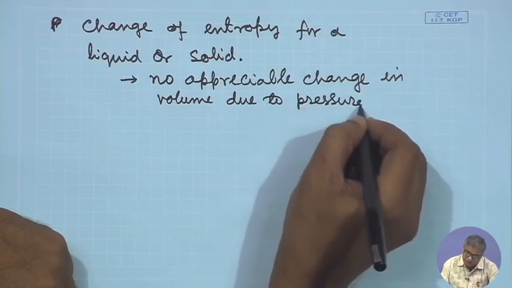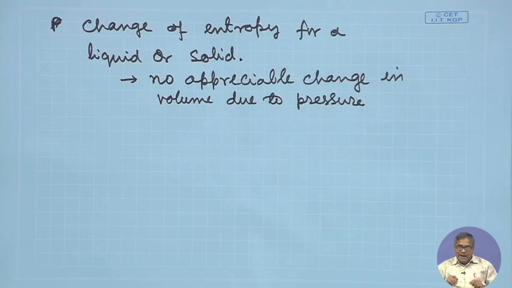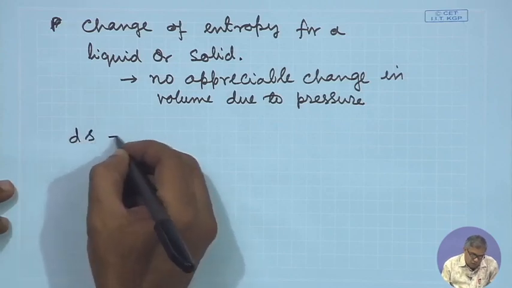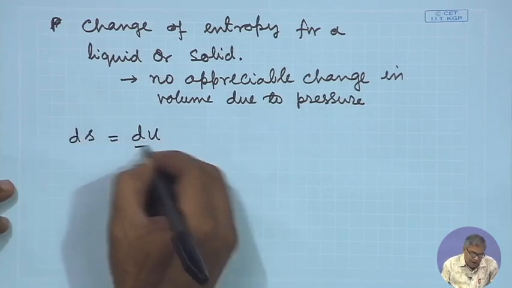Due to the application of pressure, there will not be any appreciable change in volume. Okay. So, ds is equal to du by T plus P dv by T.